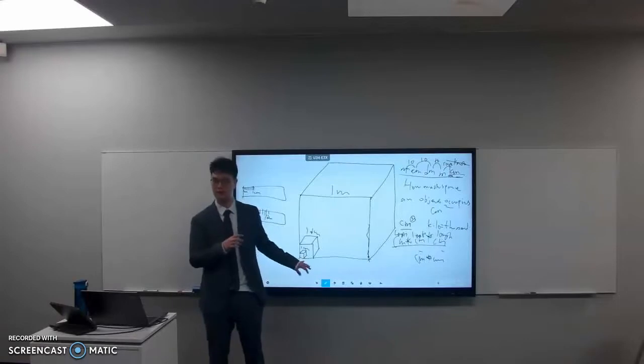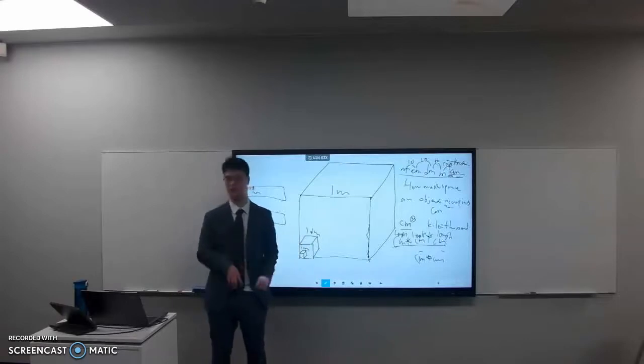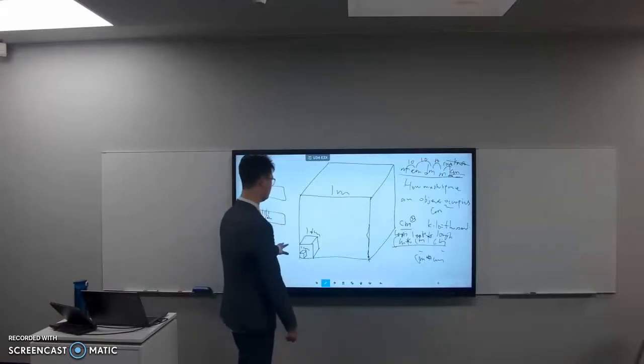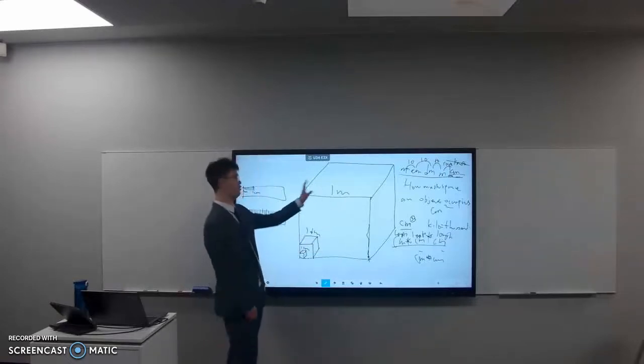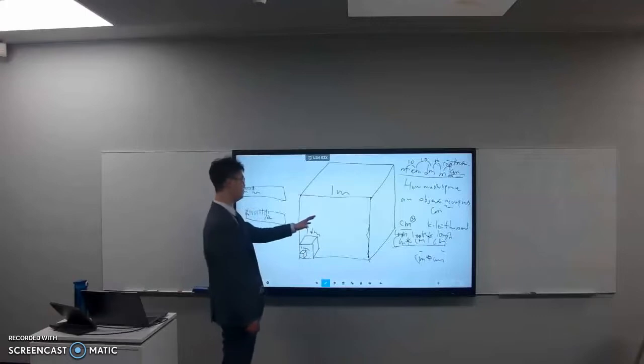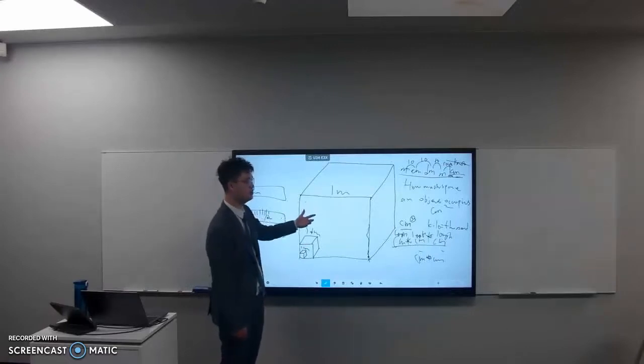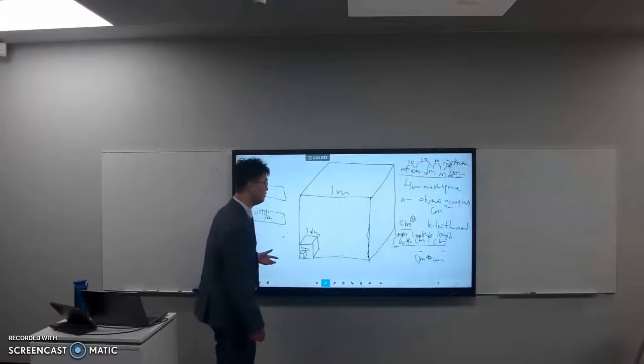And the amount of space a 1 centimeter cube takes is 1 cubic centimeter. This is easy. Visualize this. You see how big the difference is. It's not just a difference of 10. It's a very huge difference.